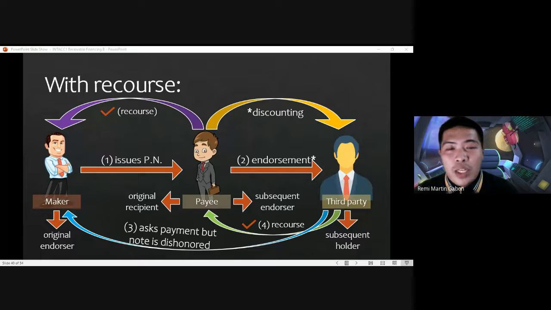So yung gagawin ko, I will allow the third party to run after me for the payment. Yung mangyayari, babayaran ni payee si third party, then afterwards, si payee babalik kay maker for the payment. Yun yung conditional sale. You anticipate na meron ka pa ring obligation. Nagets na ako, guys?